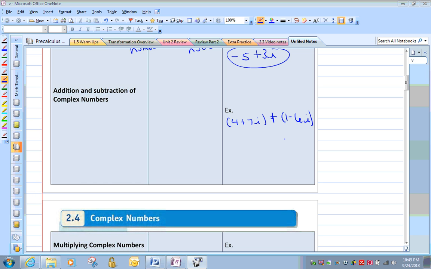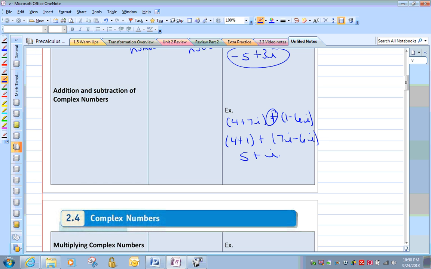So we're going to combine the parts that are real. The real parts are the 4 and the 1, so we're going to say 4 plus 1. And then we're going to add the imaginary parts, which would be 7i and 6i. So 4 plus 1 is 5, and 7i plus 6i would be 13i. And that would be our answer.